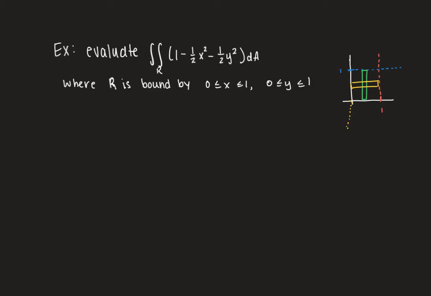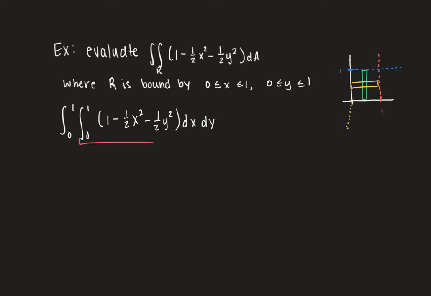So I'm going to do dx first and then dy. So I want my x limit and then my y limit. So I'm going to take the integral, both of these are 0 to 1, of 1 minus 1/2 x squared minus 1/2 y squared. I'm going to do dx first, then dy.